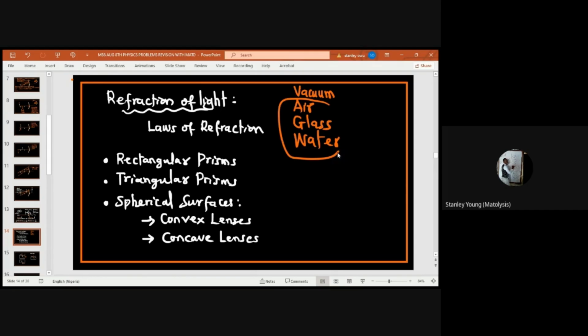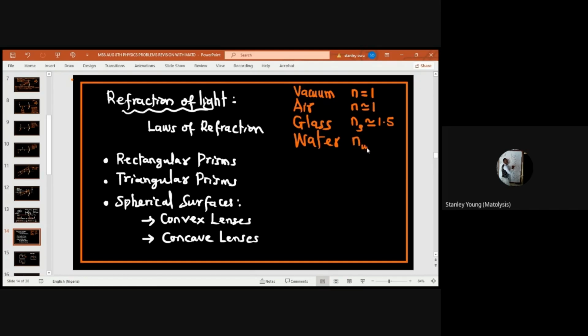These four media. For instance, for vacuum, the absolute refractive index is 1. For air, the absolute refractive index is approximately 1. For glass, for Pyrex glass, the absolute refractive index is approximately 1.5. If it is not going to be 1.5, you use what the question gives you. Or if the problem has to do with you determining it, you use the information supplied.